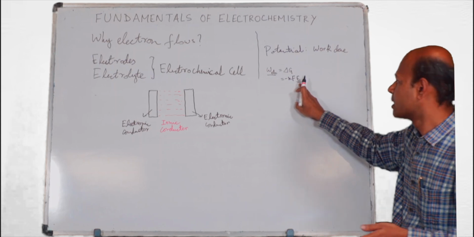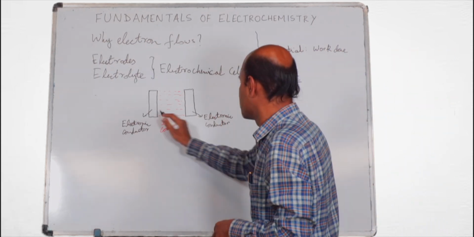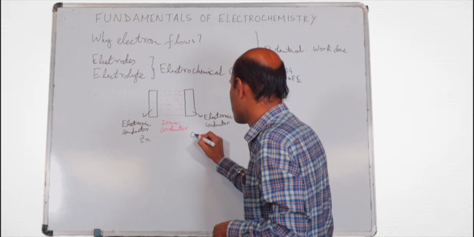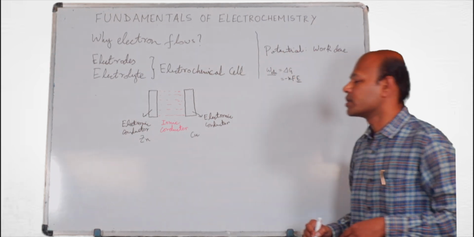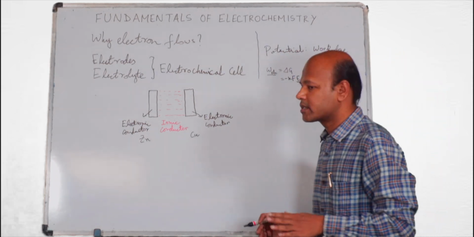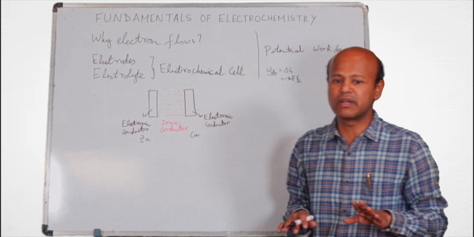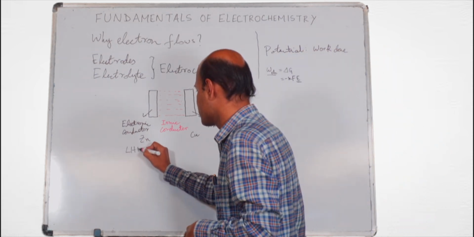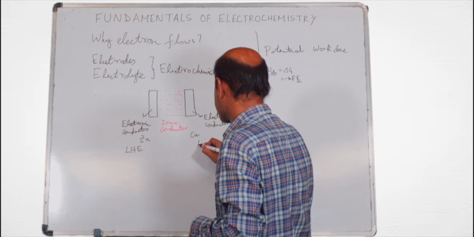Suppose this is my zinc and this is my copper. In the electrochemical cell, we connect two materials which have a difference in Fermi level. My left hand side electrode is known as LHE and this is known as RHE.